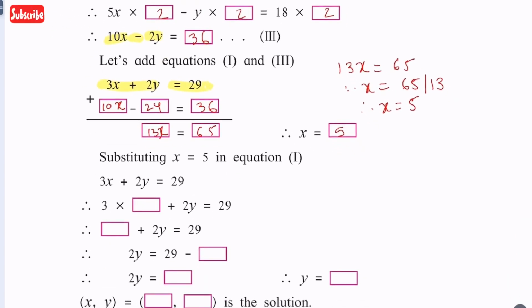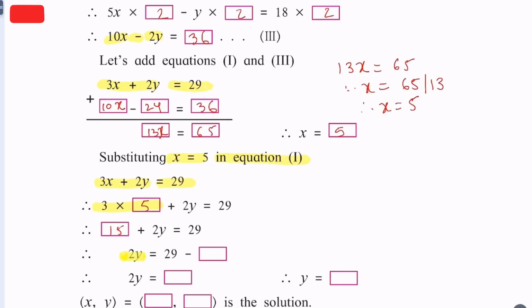Now, substituting x equal to 5 in equation 1. Equation 1 is 3x plus 2y equal to 29. So, substituting for x we get 3 into 5 plus 2y equal to 29. Now 3 fives are 15 plus 2y equal to 29.